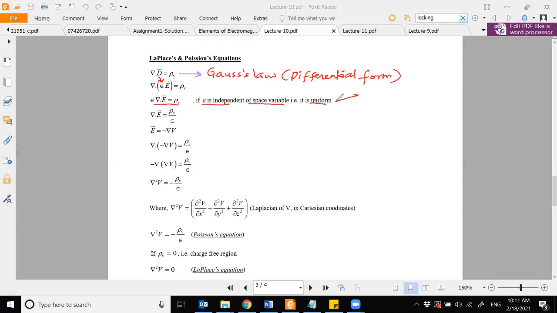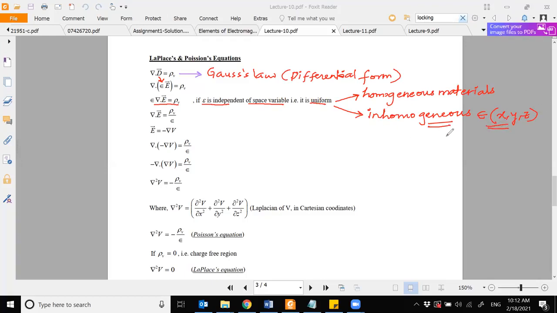This is possible when we are dealing with homogeneous media, because in homogeneous materials, epsilon will not change when you move in any direction, X, Y, Z. But you also have materials called inhomogeneous, in which epsilon becomes a function of X, Y or Z. This is advanced-level study, which is not covered in our course, but just keep it in mind.